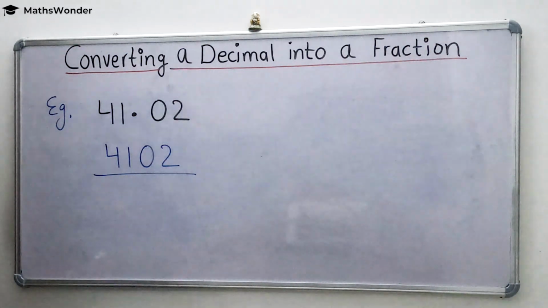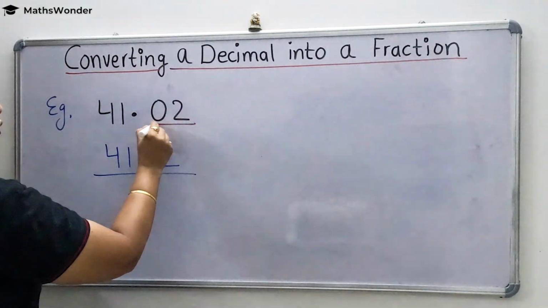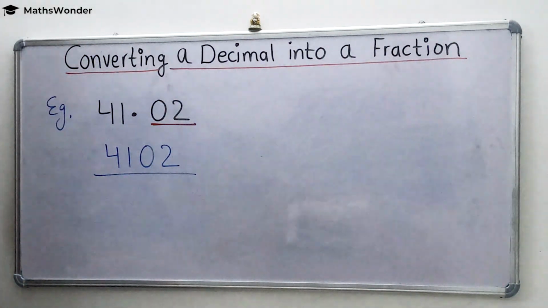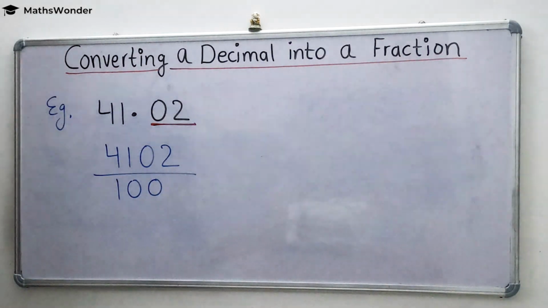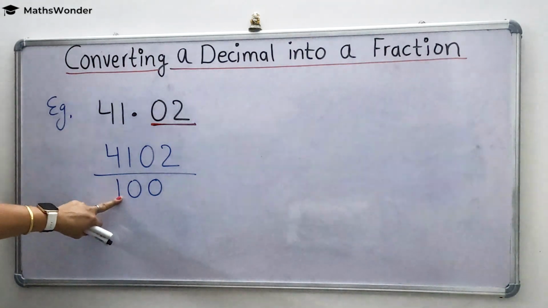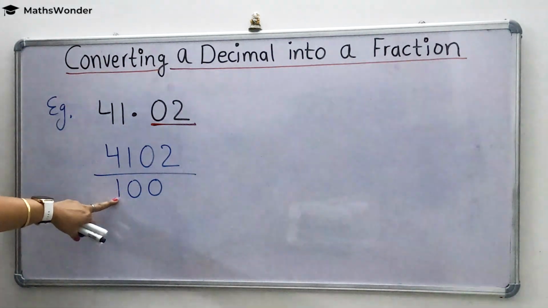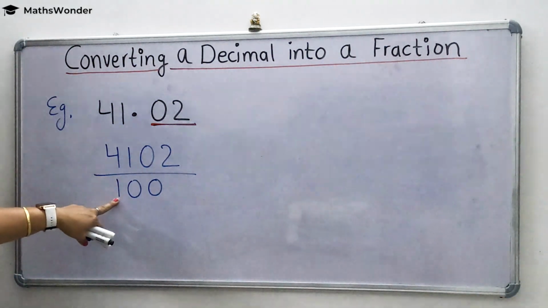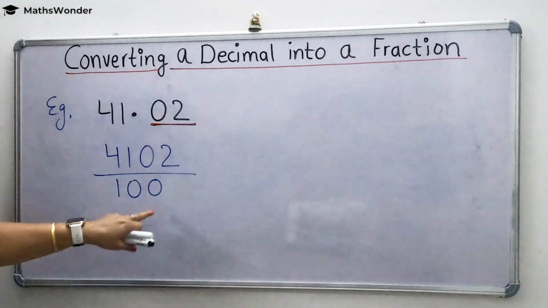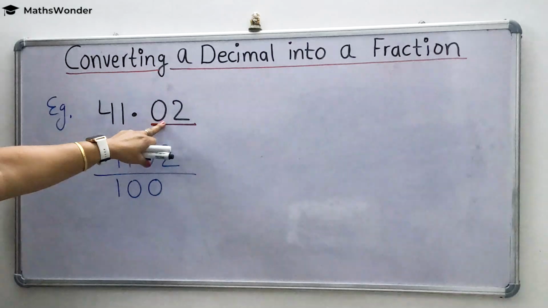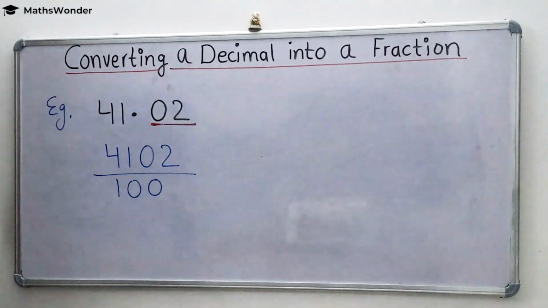Now check, after the decimal how many digits do we have? 2 digits. So you will write in the denominator 1 and then zeros. After 1 write the number of zeros equal to the number of decimal places in the given number. It's 2 digits here, so we will write 100.